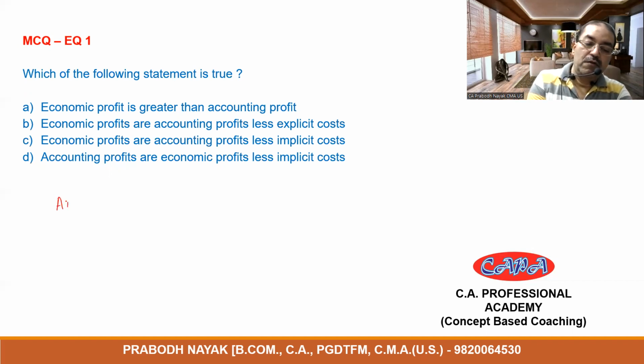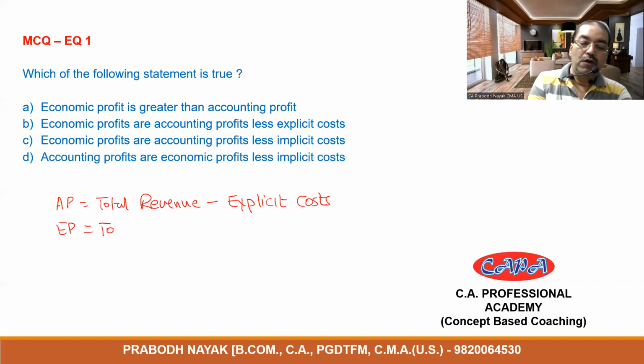Accounting profit is equal to total revenue minus explicit cost. Fine. Economic profit is equal to total revenue minus explicit cost minus implicit cost.